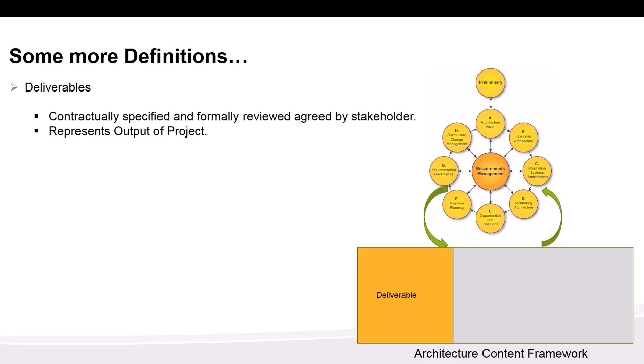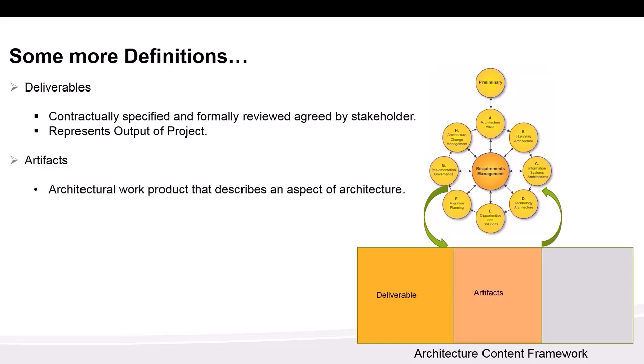Deliverables. As you go through ADM and start creating outputs and documents, these become deliverables. Deliverables are contractually specified, reviewed, agreed to, and signed off by stakeholders. A deliverable represents the output of a project, and those deliverables that are in documentation form will typically be archived at the completion of the project.